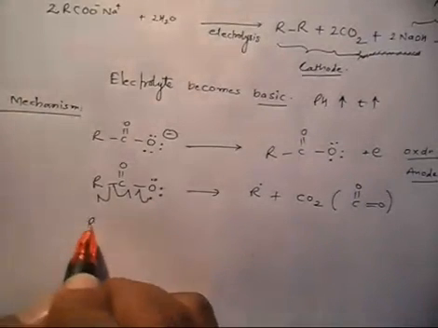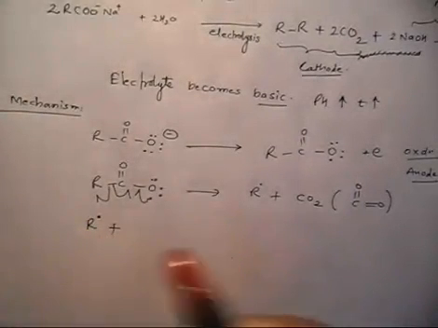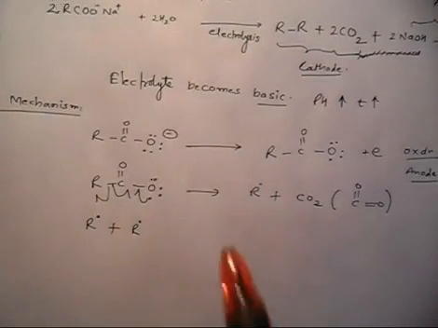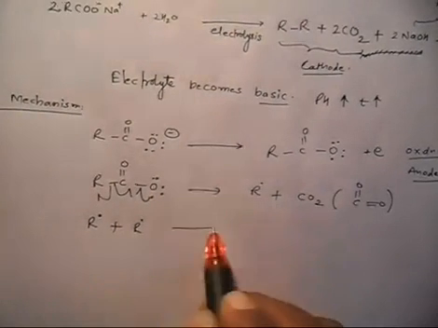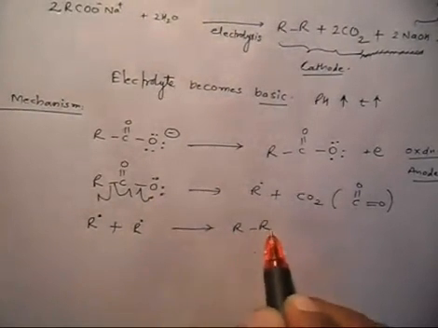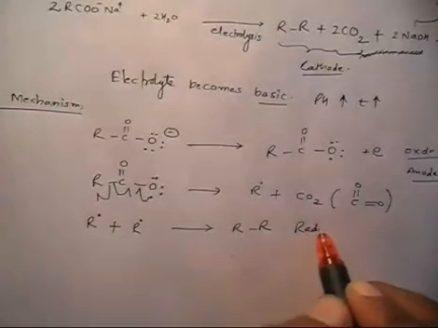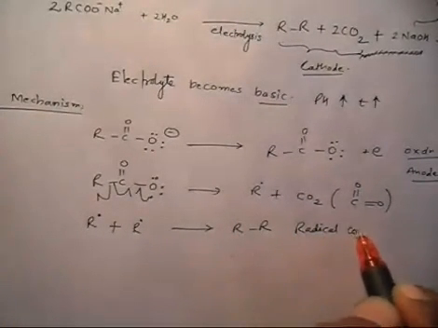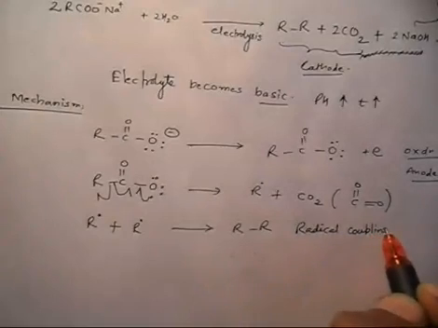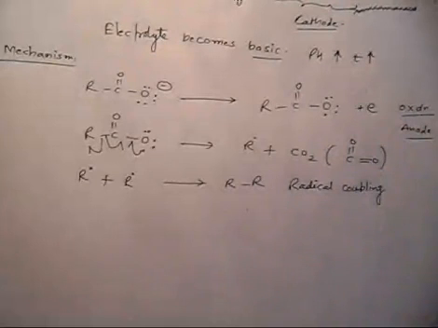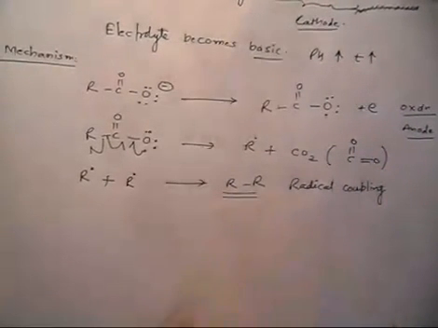Now this R• in the next step can combine with another R•, because in the reaction mixture there are many R• produced by this step. So basically this is a radical coupling reaction. If the radicals couple, you will generate an alkane.